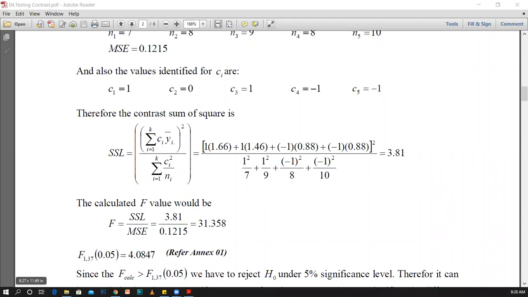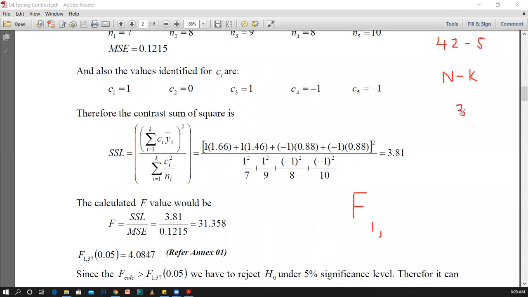If you are going to identify the critical value, it would be F with 1 here, and here this value should be n minus k. If you go through the total number, it would be 42, and there were 5 treatments.